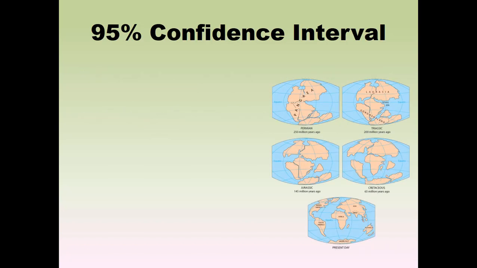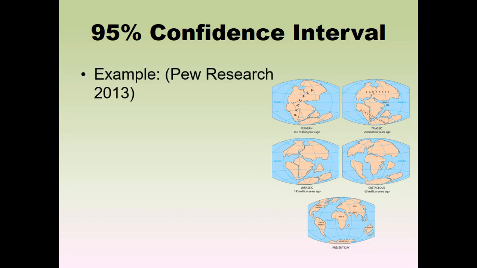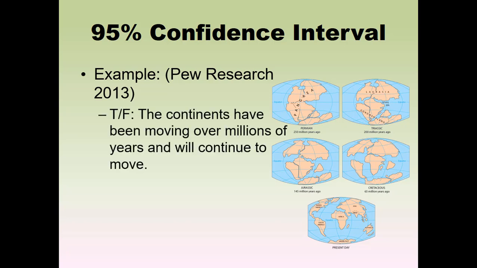Now, where's an example of this? Well, here is an example of a poll that was conducted some years ago. And this was a poll of Americans, and they were asked a true or false question. True or false, the continents have been moving over millions of years and will continue to move.